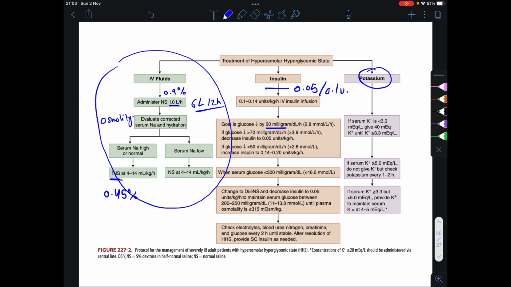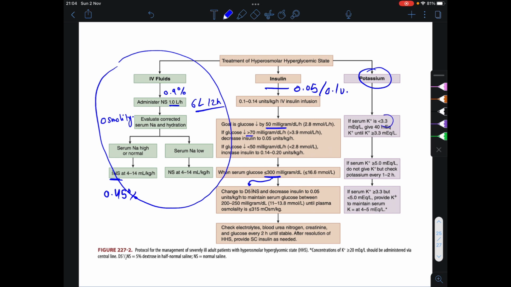Again, it has to be according to, for example, if it's Davidson, 80 to 100, so not less than 80, not more than 100, or in Tintinalli 50 to 70, according to your local guidelines. Once you reach 300 milligrams per deciliter, you convert the fluid from normal saline and use 5% dextrose half normal saline.